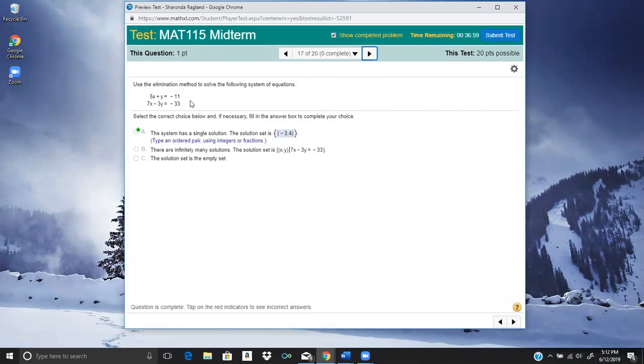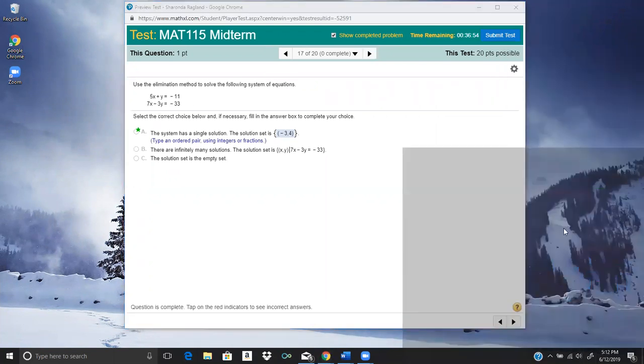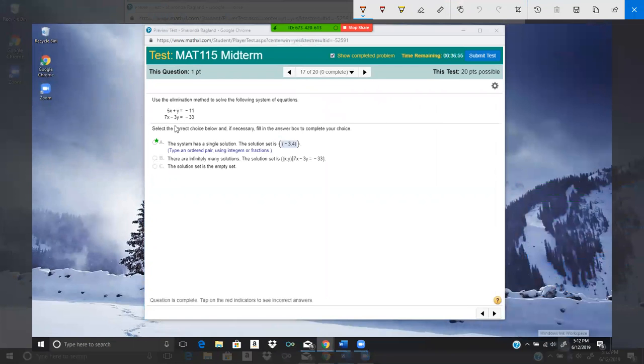Again, we have an elimination problem. So here, let's look at this one real quick. This one is not as easy as the last one because you can't just add these. Nothing eliminates. You have to create an elimination in order to solve for one. So with the elimination method, decide which one you want to eliminate. In this case, we have a 1y here and a -3y here.